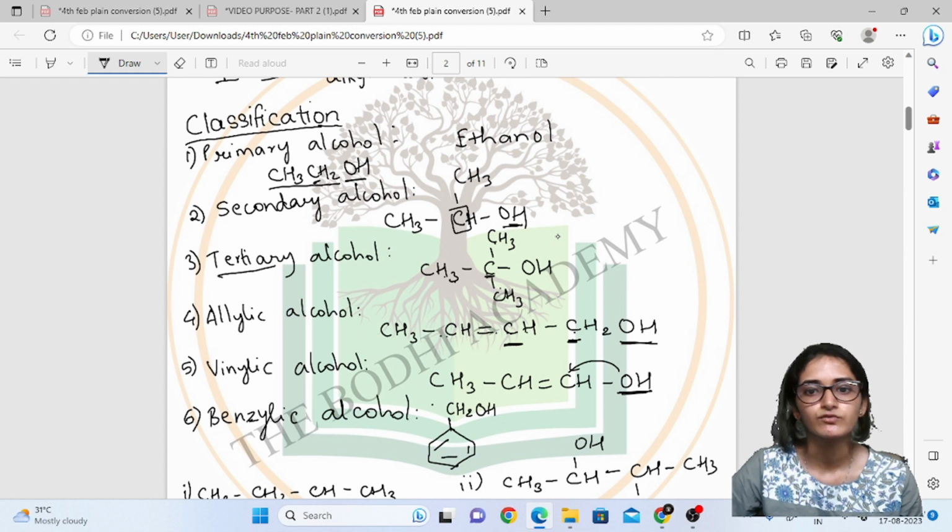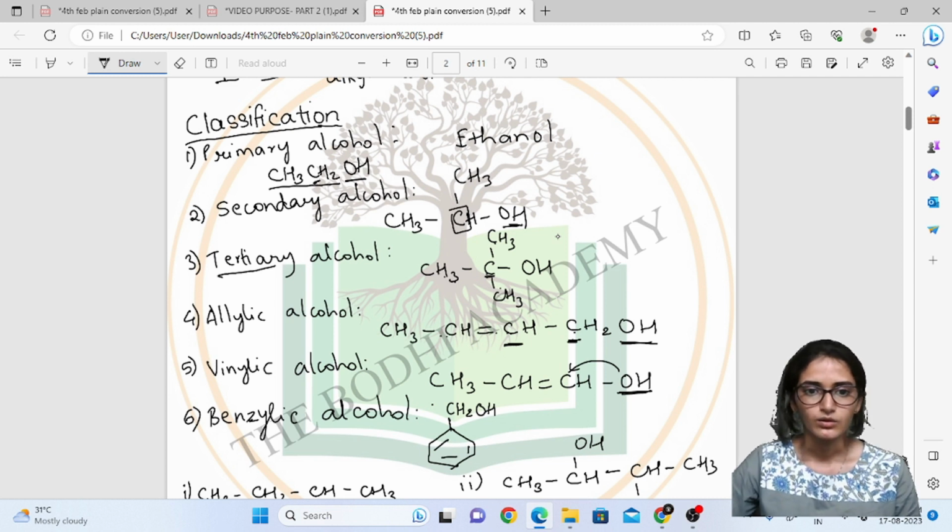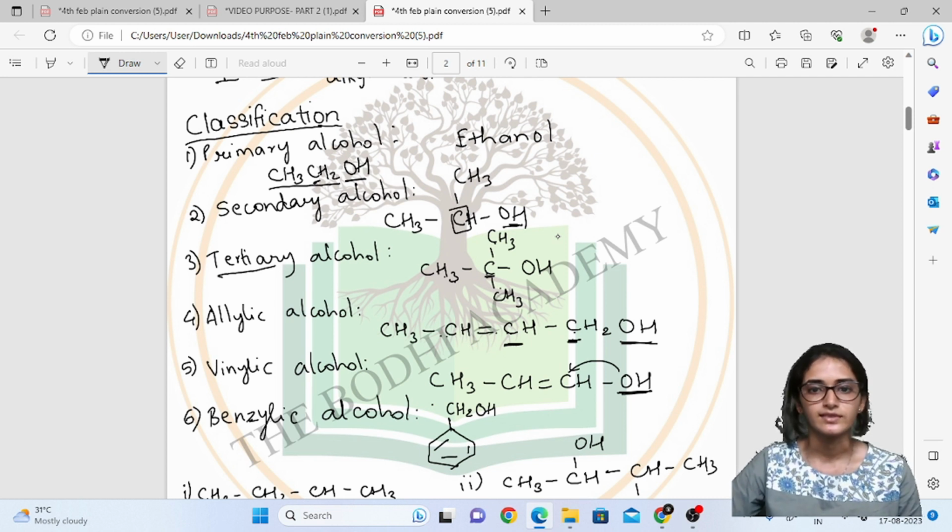Since after E we have O, and E and O both are vowels, two vowels shouldn't come together, so we have directly written ethanol. Whenever there is a situation like this, you have to avoid writing the E. So the name of this will be ethanol according to IUPAC nomenclature.